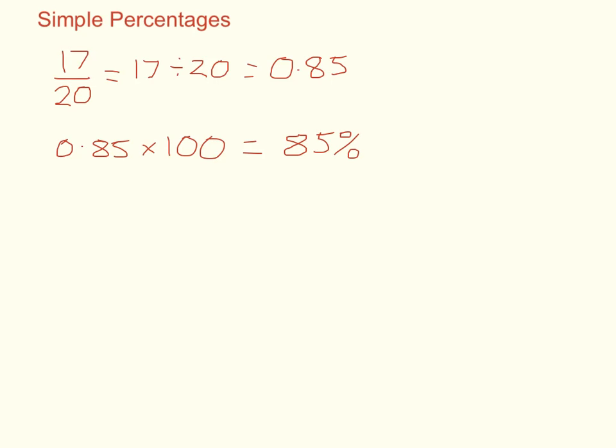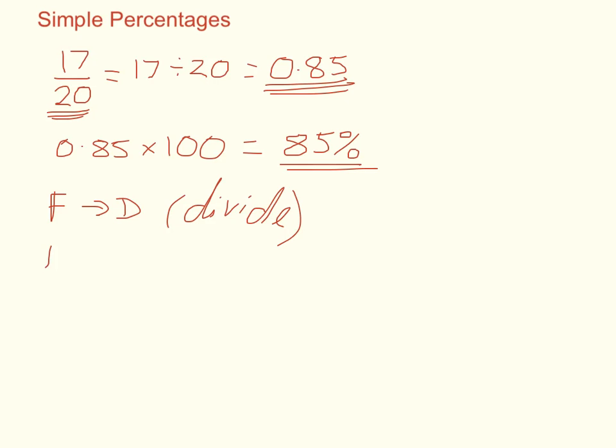And look what we've done here. We've converted a fraction into a decimal into a percentage. So to get from a fraction to a decimal, we just do the division. And to get from a decimal to a percentage, we multiply by 100.